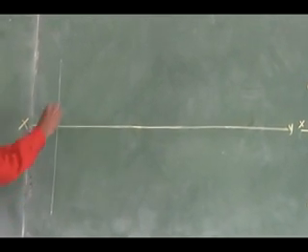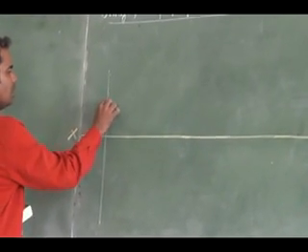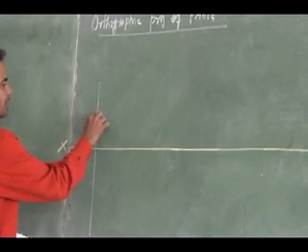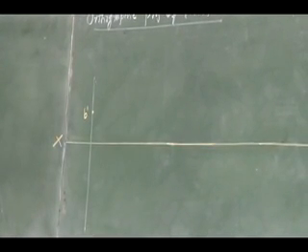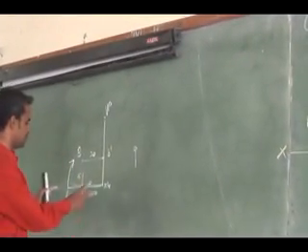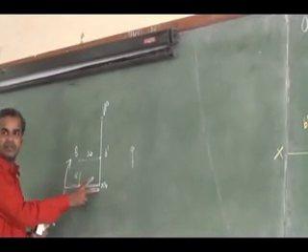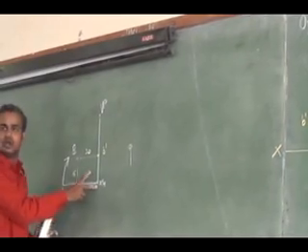From the reference line, A dash will be 15 mm above, so I can mark 15 mm for A dash. By rotating the horizontal plane, A also comes above the reference line, at a distance of 20 mm.